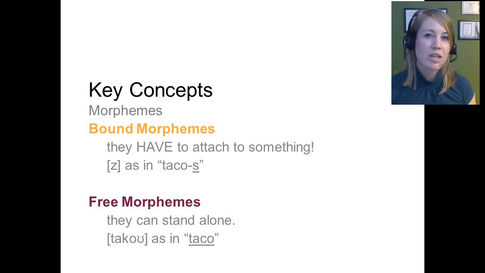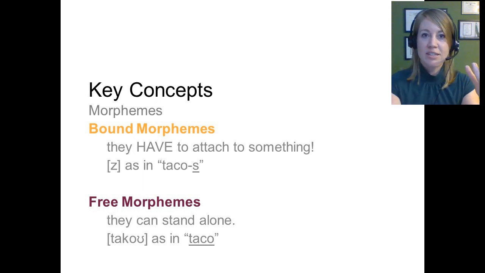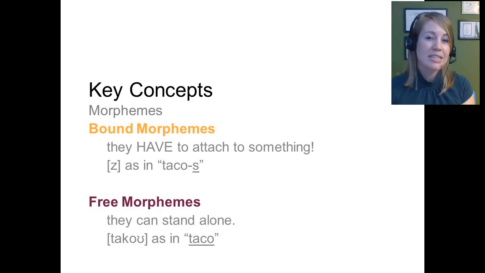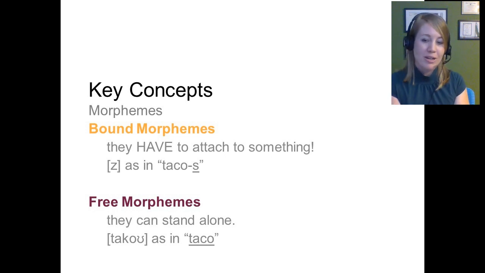So if you look at the word tacos, we said tacos had two morphemes in it, taco and the s sound, tacos. And the S, the plural S, means something. It means plural, right? But it can never stand as its own word. It's bound. It has to be bound to another word, to another morpheme to exist, right?